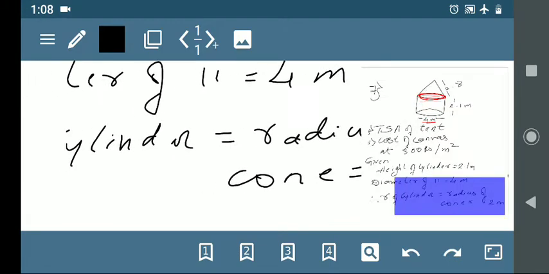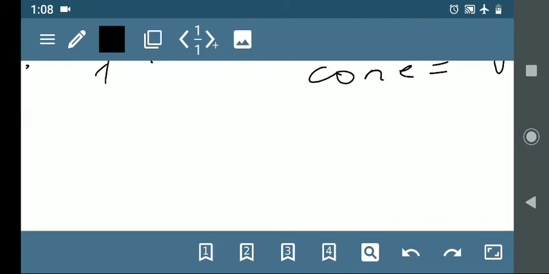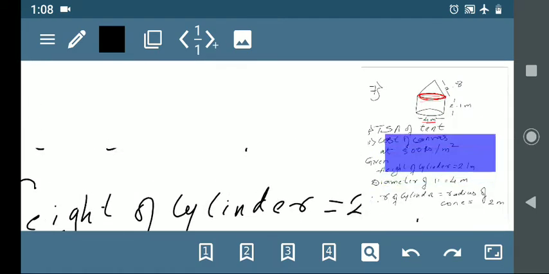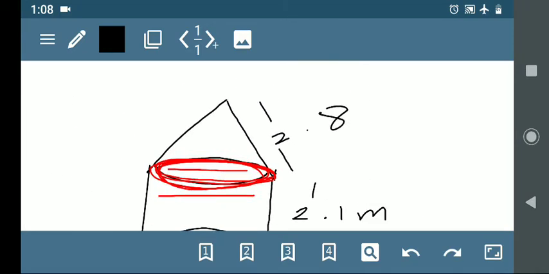Okay. Now first thing: we have a slant height, we got the radius as 2 meters. We need to find the height of the cone.